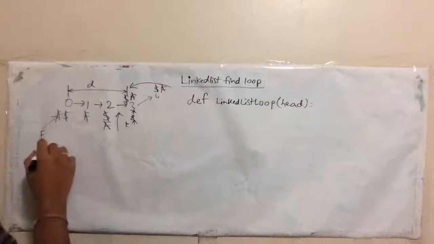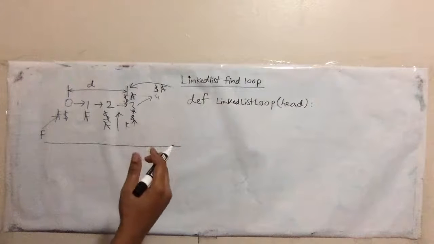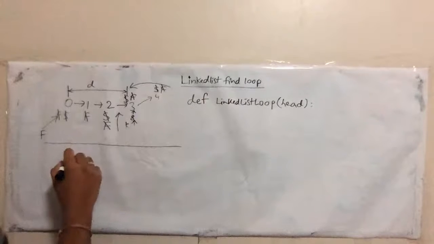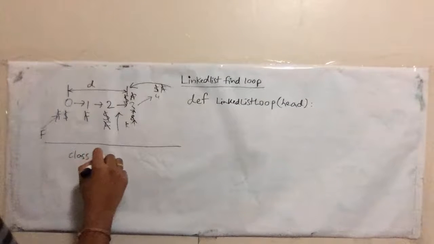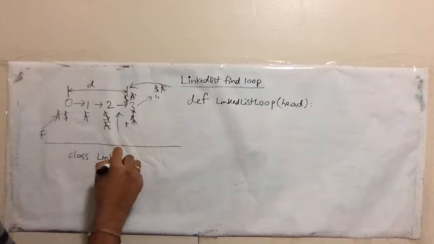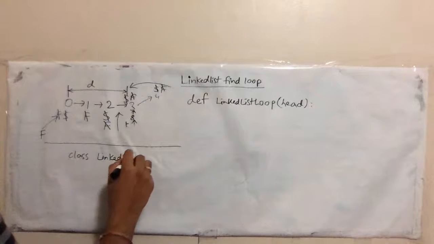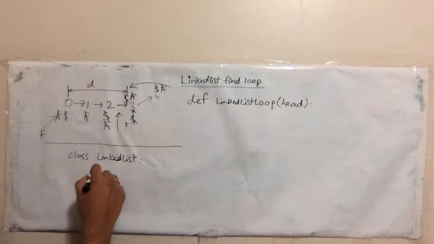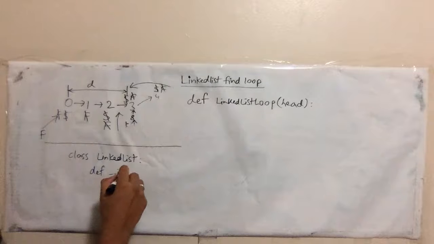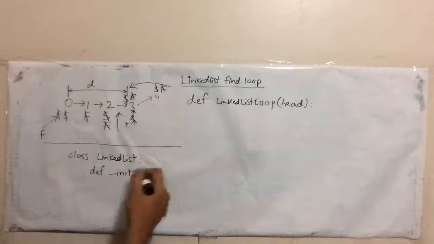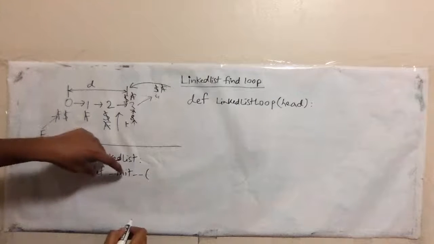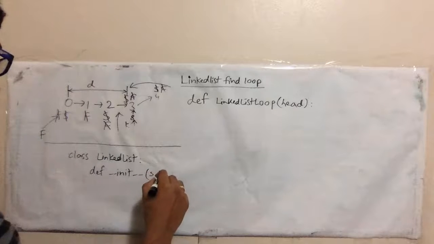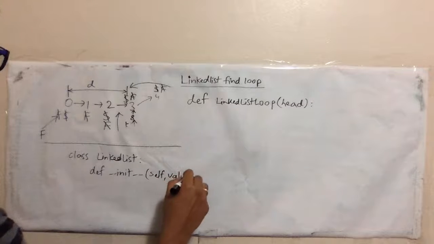And we need to consider the linked list class. So, class linked list, and we need to initialize the constructor, right? So def __init__. Every method will take the self parameter and the other values which we are passing, so value.